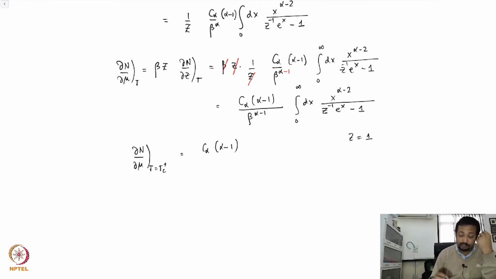Well, you can also have Tc plus, so that you are approaching from the high temperature side, beta c raised to the power alpha minus 1.